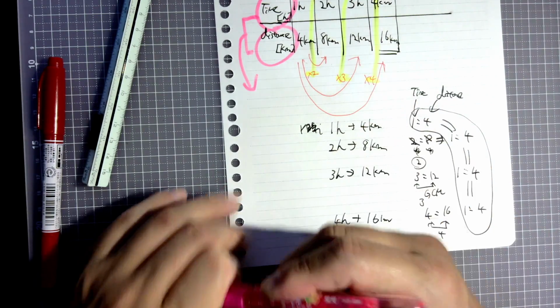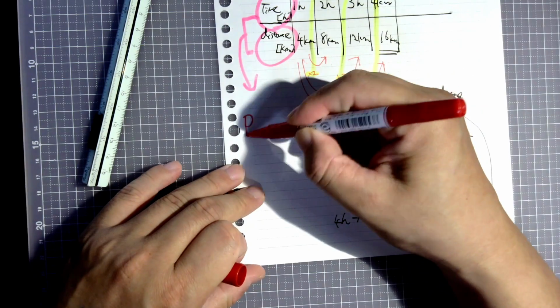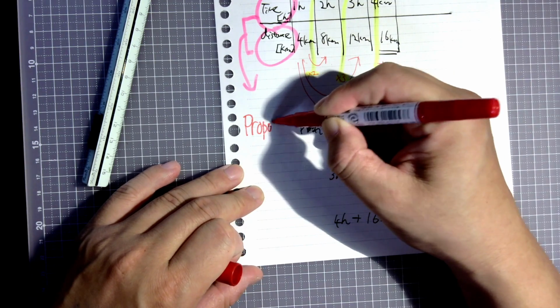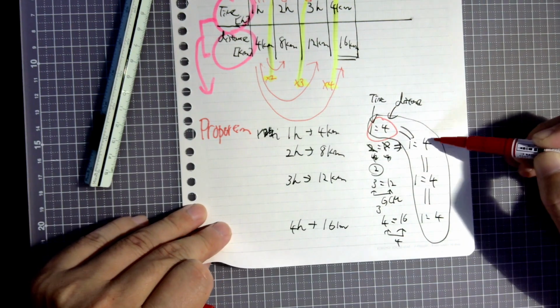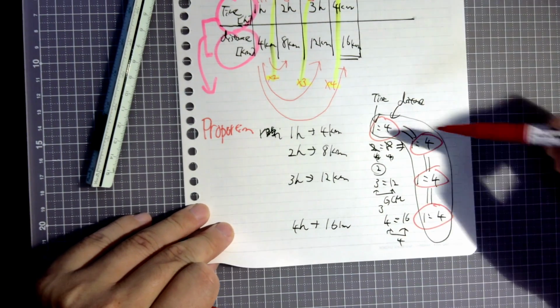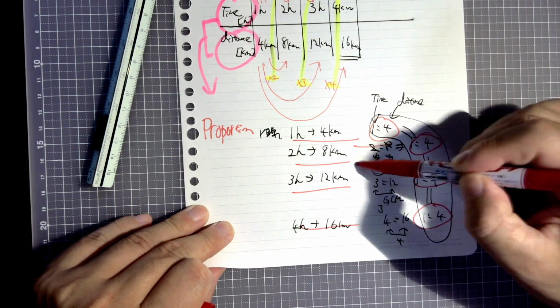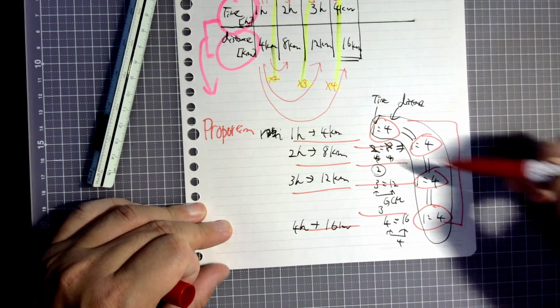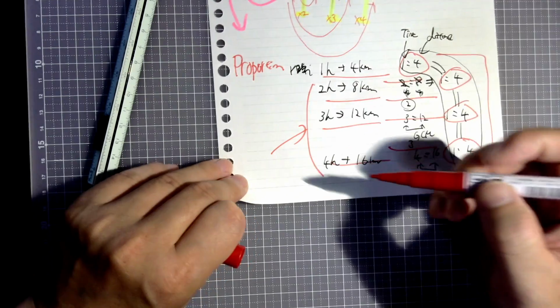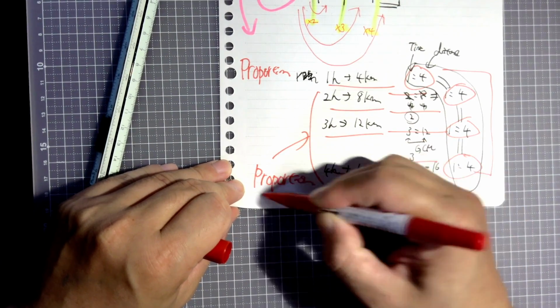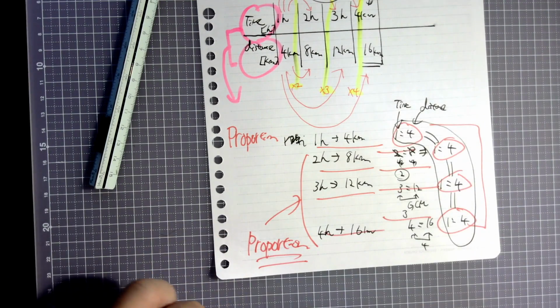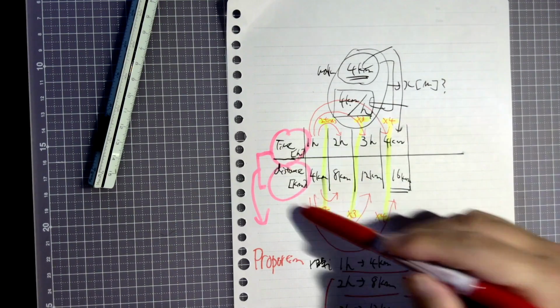As you can see, the ratio of each pair never changes, and in this case we name it proportion. So back to our original problem, we say time and distance are in proportion. That's it.